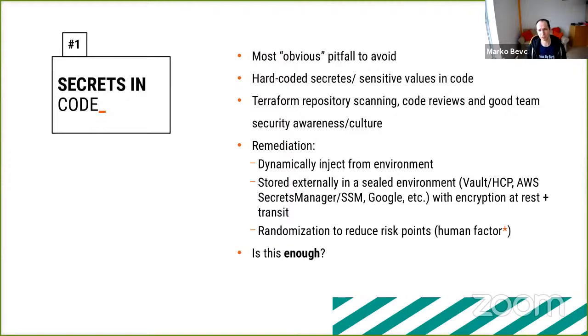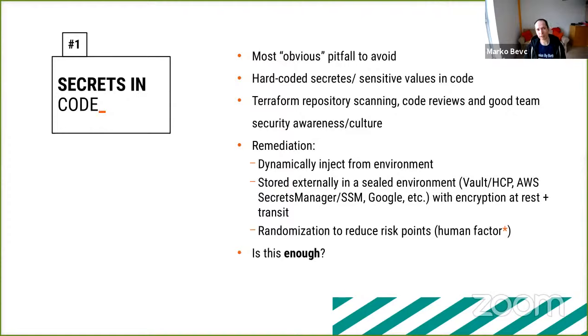There are some out-of-the-box solutions that try to prevent that, such as repository scanning, like I mentioned before, maybe in GitHub. There is also a lot of third-party tooling available, where you can trigger on each commit and scan your code for predefined static hard-coded secrets that might be left in the code intentionally or unintentionally.